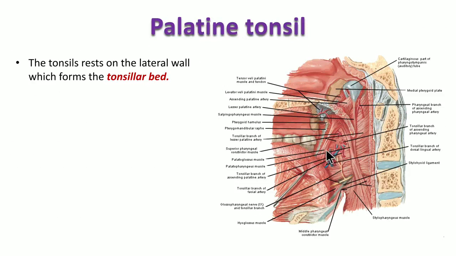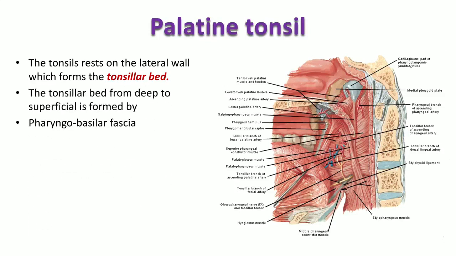And the bed is mainly formed by the superior constrictor muscle, which forms the posterior two-thirds, and to some extent by the palatopharyngeus muscle, and the anterior one third superiorly will also be formed by the styloglossus muscle.